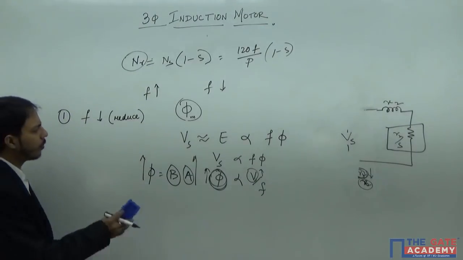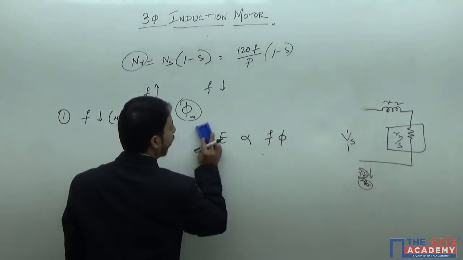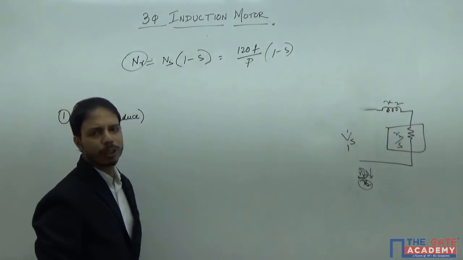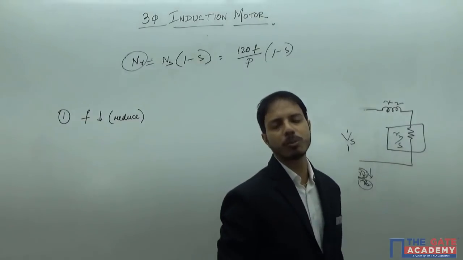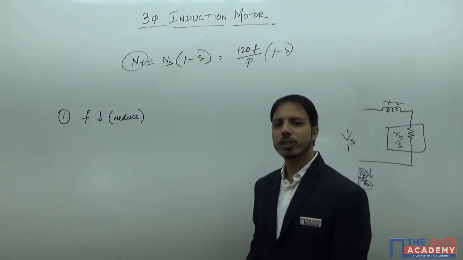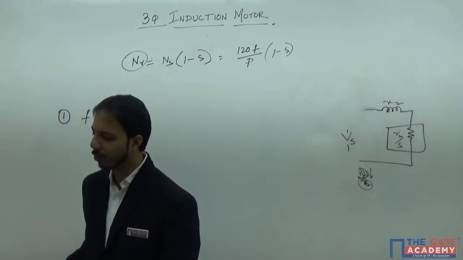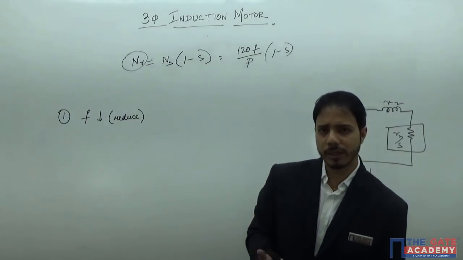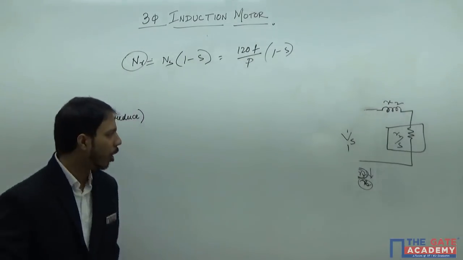Ultimately, since we talk about one machine, the area of that machine is going to be constant. If the area is constant, our flux should be constant too.